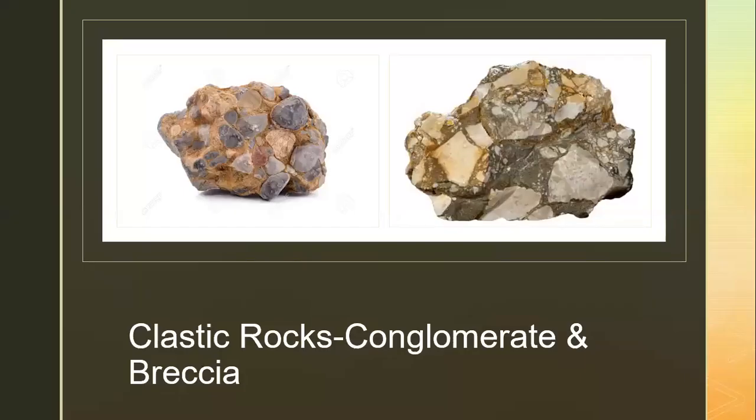And then these are some examples for you guys, for your reference. So this is what a clastic rock would look like. It would have large angular grains, or it could have large rounded grains, but it still has a large disparity between grain sizes. As you can see here, if you look to the left, you have this red pebble here, and then you have this huge gray pebble here, and in between all that, you have sand almost. So you have a very wide variation in grain size.